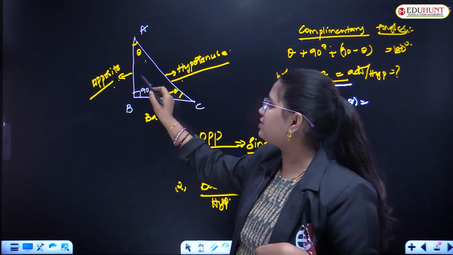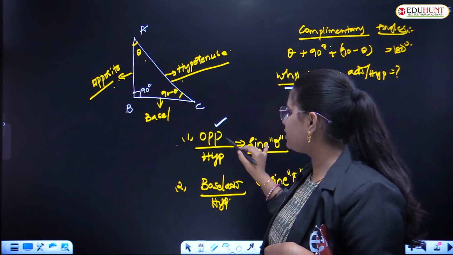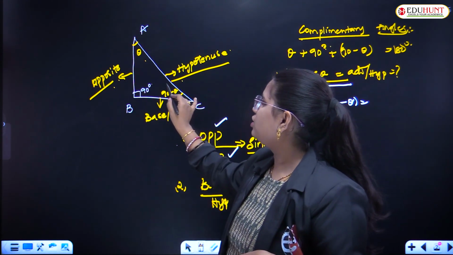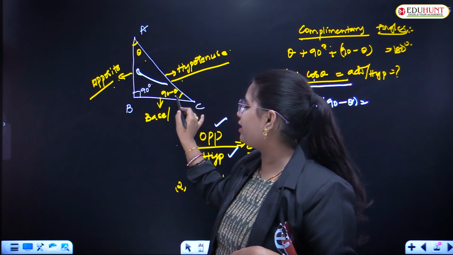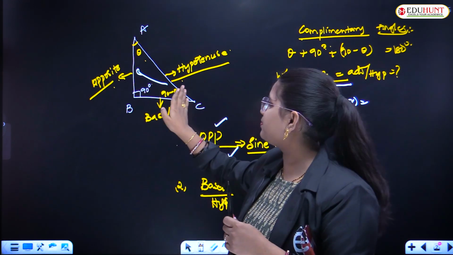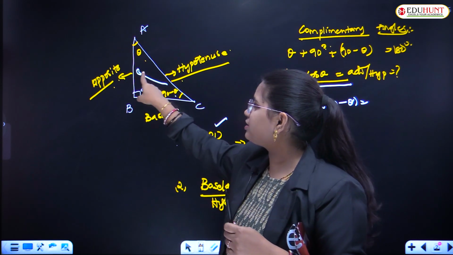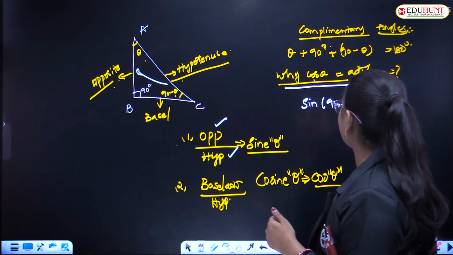Sin 90 minus theta is nothing but, what is the actual definition of sine? Opposite upon hypotenuse. So what is the opposite side of sin 90 minus theta? I need to check with respect to this position. The opposite side of this is AB. Correct?